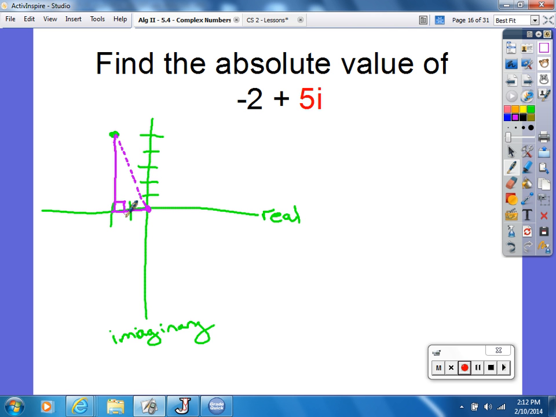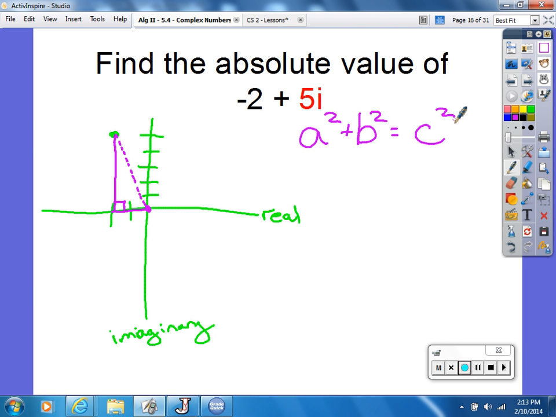What formula did you learn in pre-algebra for sure? Perfect. A squared plus B squared equals C squared. That is, all you're doing for absolute value here is using Pythagorean theorem.